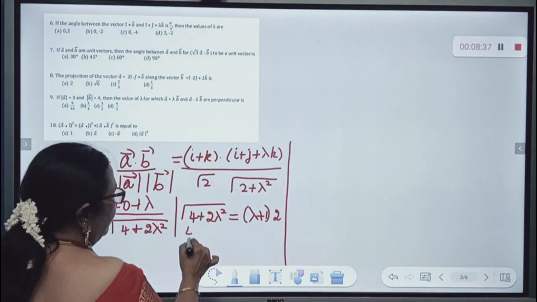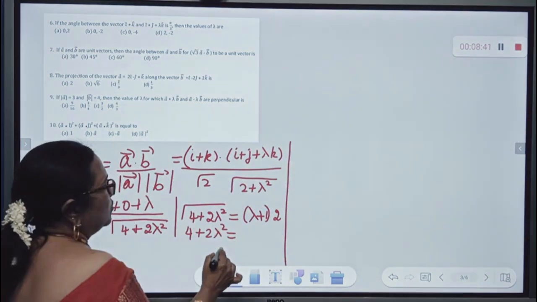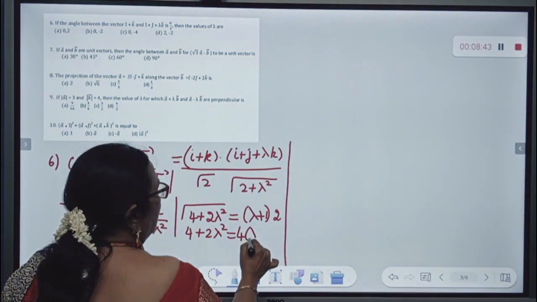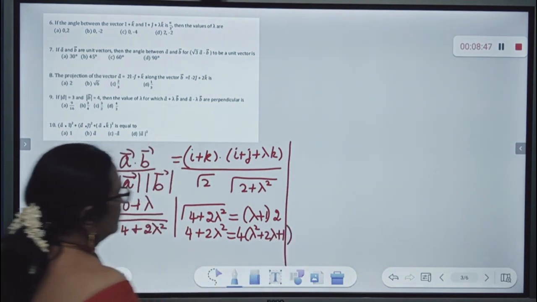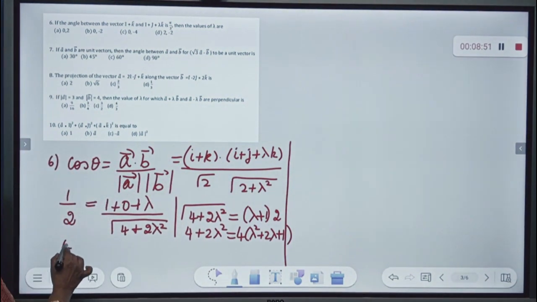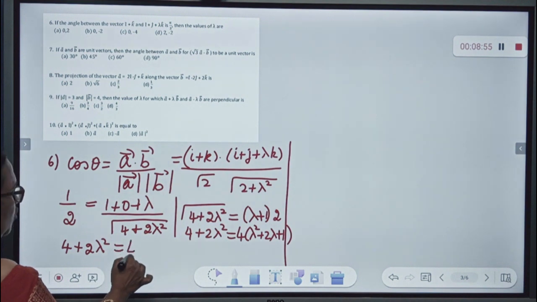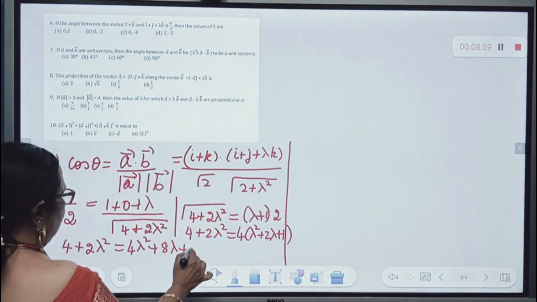Squaring, 4 plus 2 lambda square will be equal to 4 into lambda square plus 2 lambda plus 1. So therefore you get 4 plus 2 lambda square is equal to 4 lambda square plus 8 lambda plus 4.